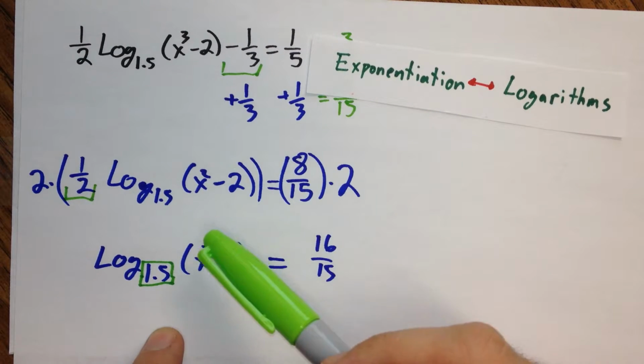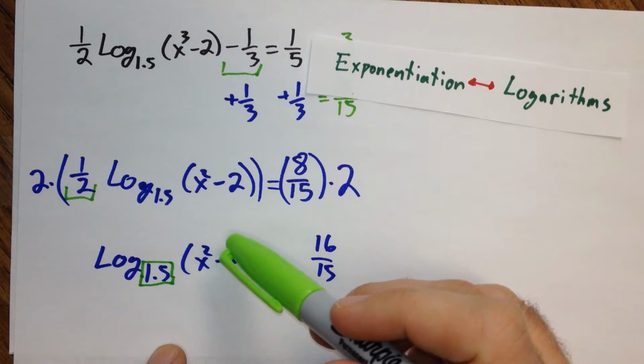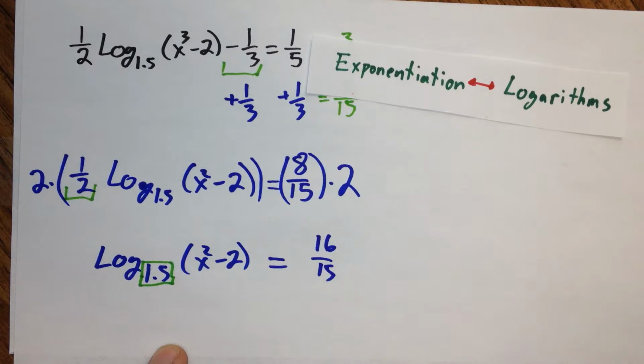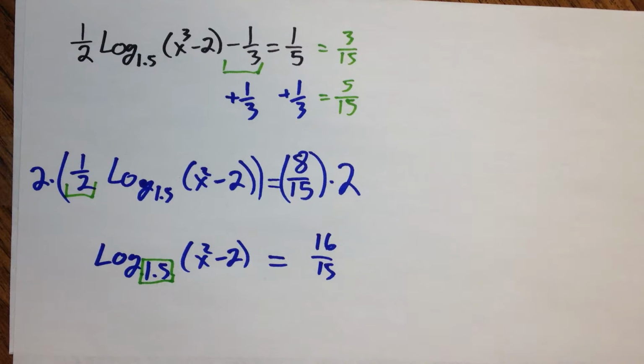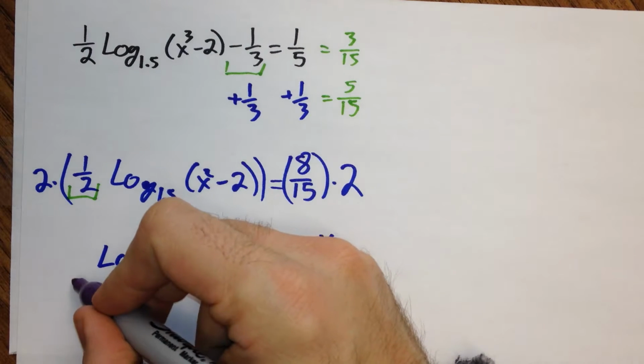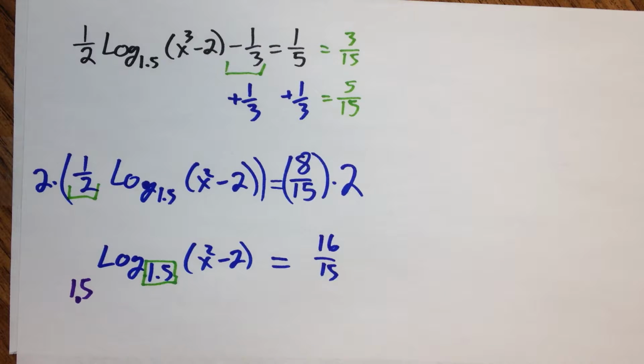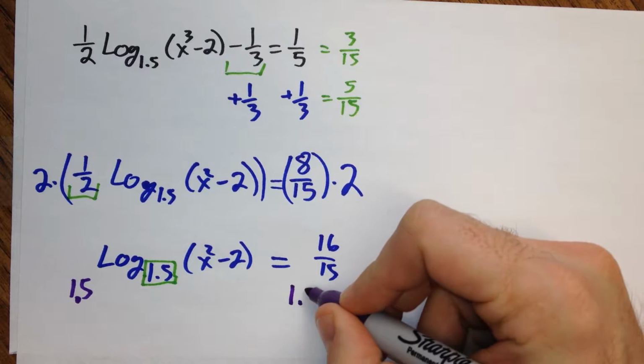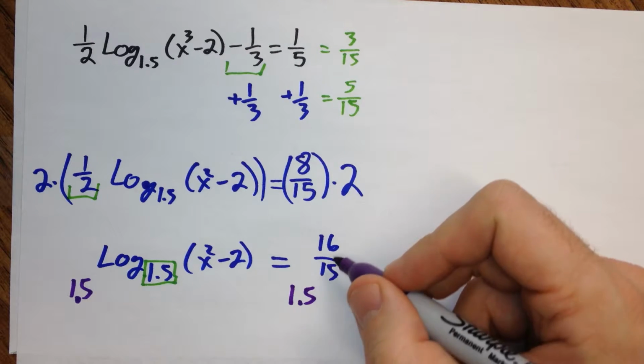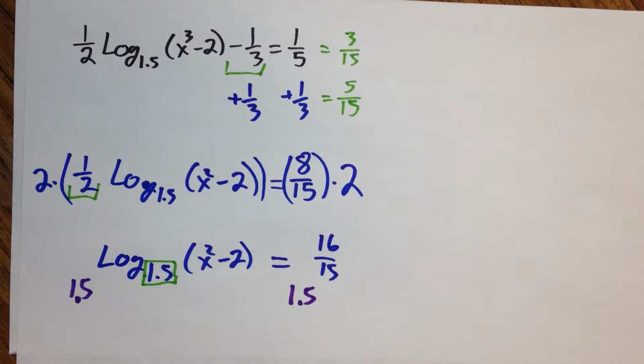So that means we need the 1.5 to be the base of the exponent, and for both of these things to go up in the exponent itself. So that means on the left here, I'm going to add a 1.5 here, and then all this is going to be raised to that power. On the right, I'm going to add a 1.5 here, and the 16/15 are going to be raised to that power.